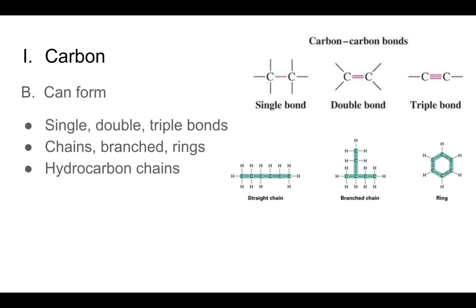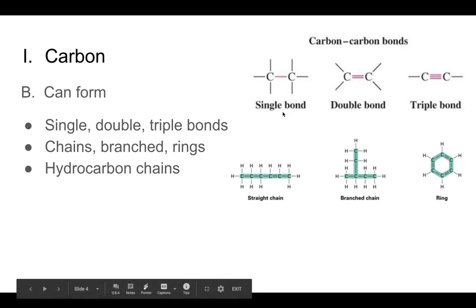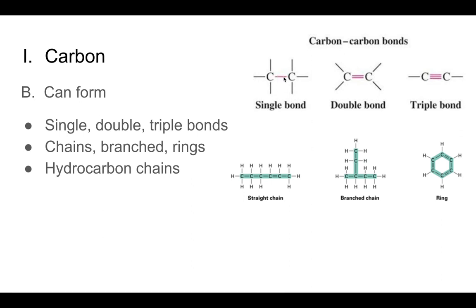Next section of your notes: carbon can form single, double, or triple bonds. Let's look at this image up here at the top. This shows us a single bond illustrated by one little stick. The stick is a bond line. Here's a double bond, which looks like an equal sign, two lines, and here's a triple bond. Notice that there are never any more than four lines total coming off of any carbon.